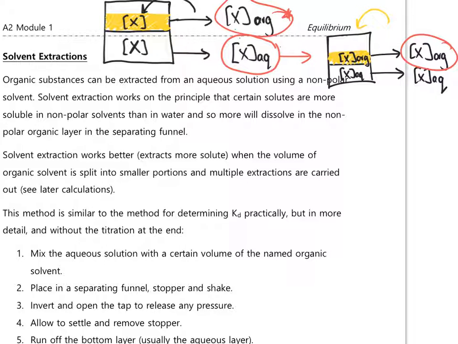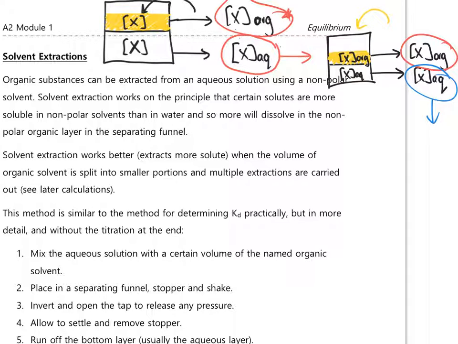If I wanted, I could then take the aqueous layer and add some more organic solvent to it and extract more of X. The principle I'm doing this by is adding in my organic solvent, which X is more soluble in. When I then shake it with the aqueous layer, more of X will move into the organic layer.